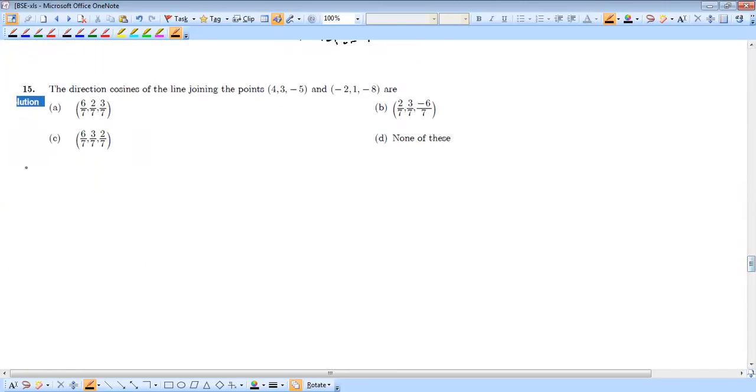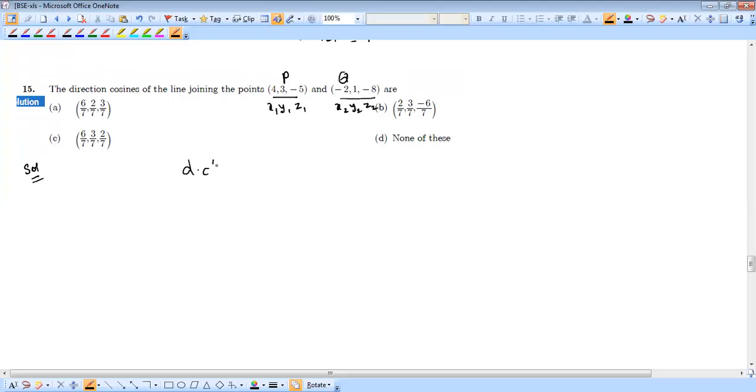Another question. The direction cosines of the line joining these 2 points. See, direction cosines: if you name them, P and Q are the 2 points, and these are x1, y1, z1, x2, y2, z2.